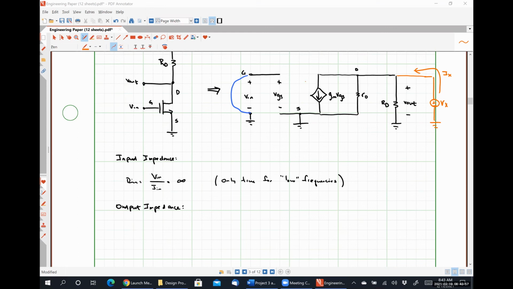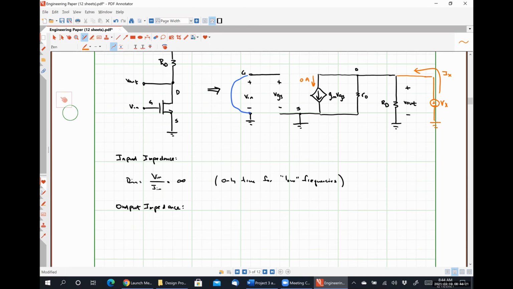Zero, okay. So if VGS is 0, how much current is flowing through this source? Zero amp, all right.